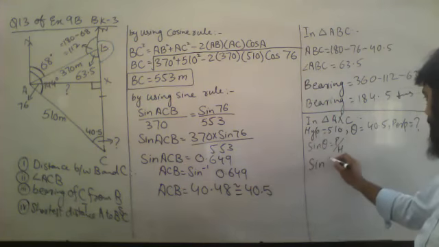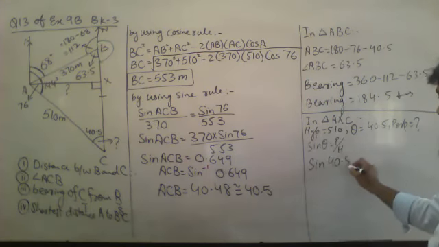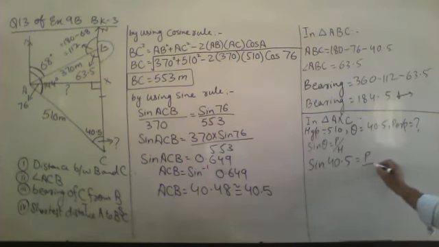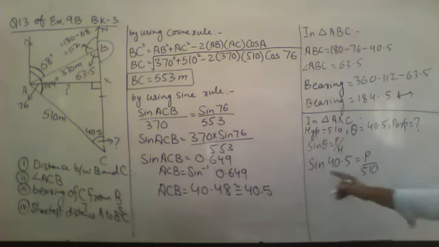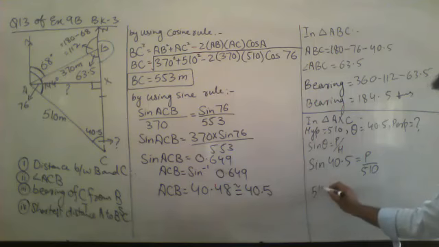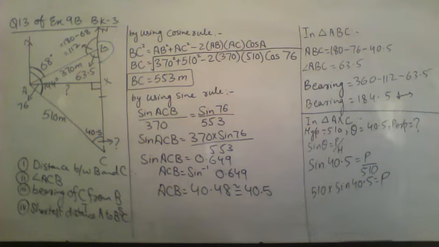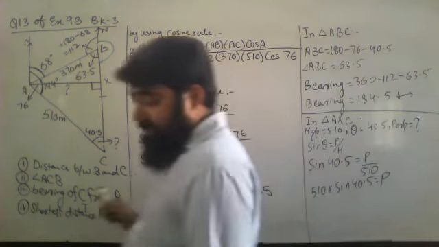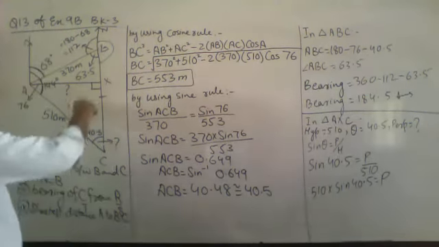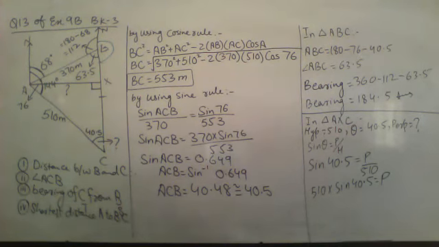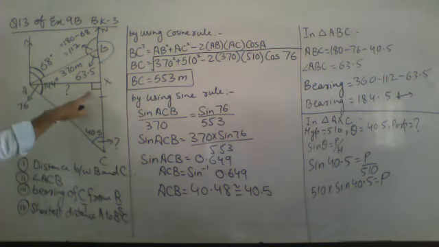Theta is given as 40.5, perpendicular I have to find, hypotenuse is 510. So when I shift it, 510 into sine 40.5 equals P. I have just used a right angle triangle and used the ratio over here, because it's a 90-degree angle.